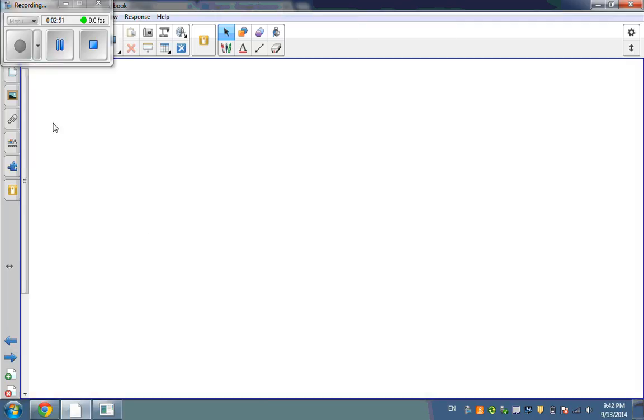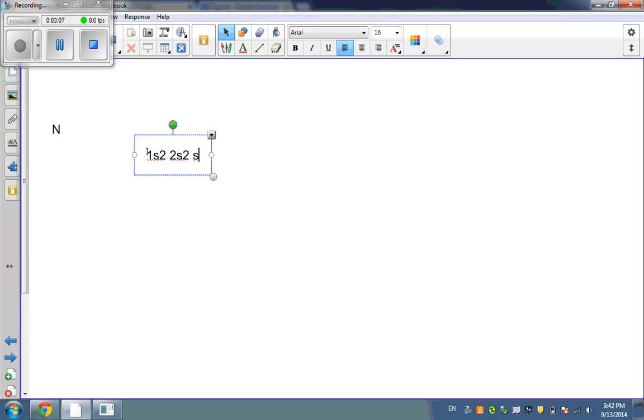Suppose we want to look at nitrogen. Nitrogen has 7 electrons. So if we were to write out its configuration, we would have said 1s2, 2s2, 2p3. And because I typed it, the formatting is a little bit off.